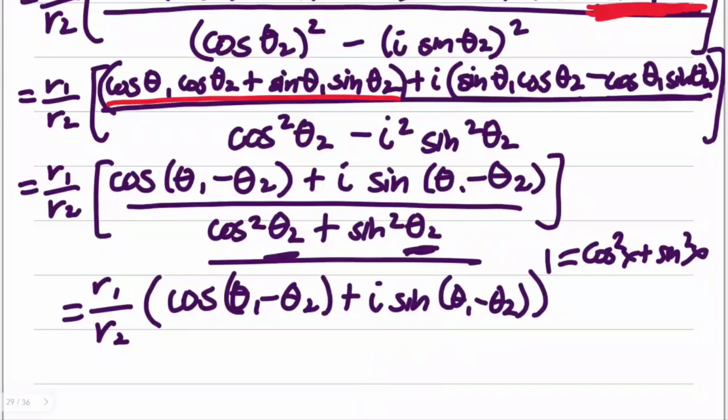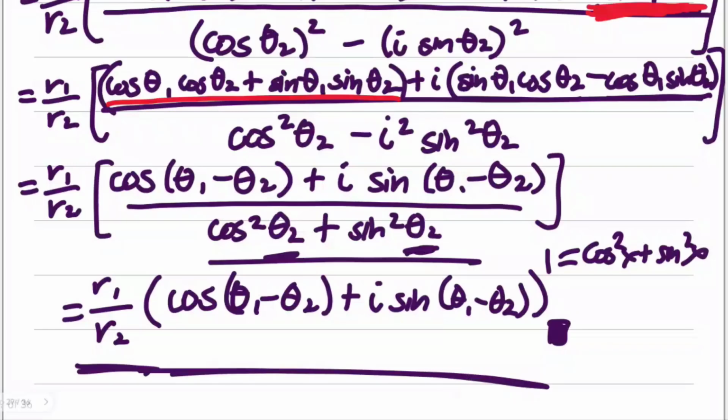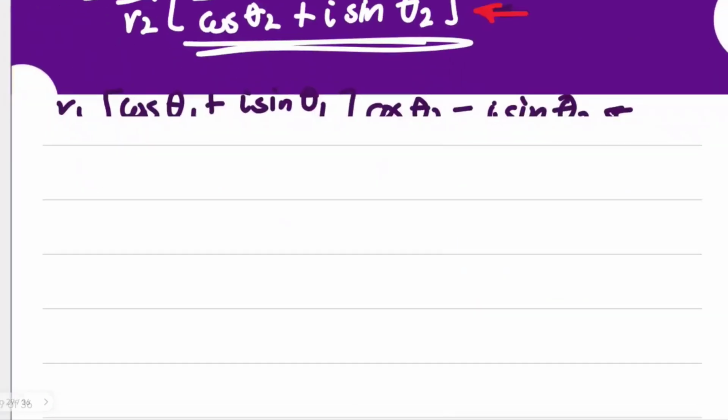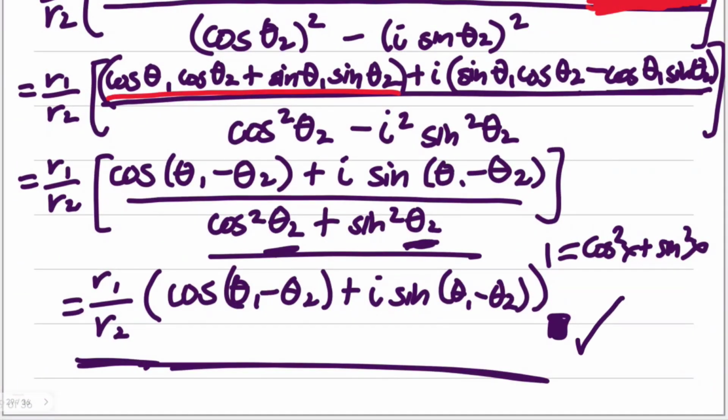And this is actually the proof that the ratio of two complex numbers is equivalent to the ratio of their moduli and the difference formulas for cosine and sine together with an i for the imaginary part. That's actually what we're trying to show here. Okay, the difference for cosine plus i, difference formula for our sine, and the ratio of r sub 1 and r sub 2. So we're able to capture that as proof here.